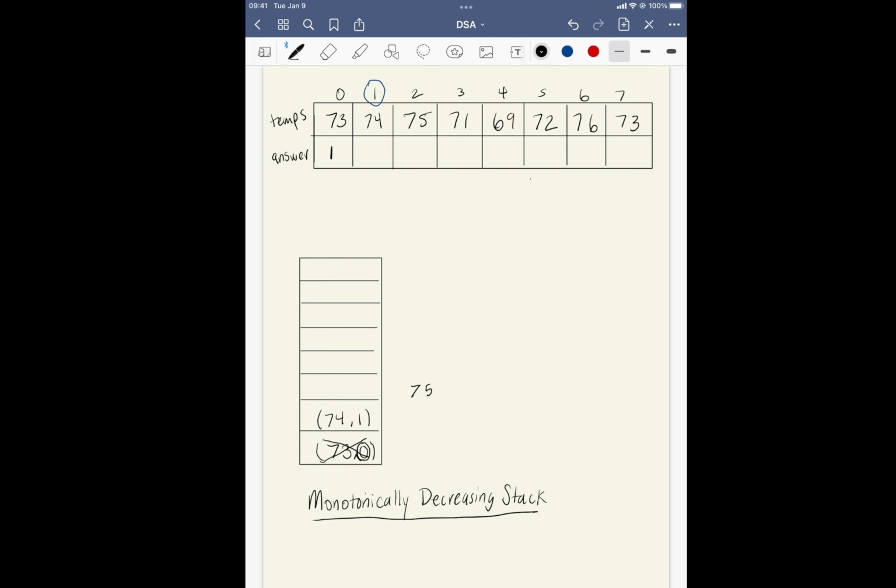So we can do I minus top I. So we can do 2 minus 1, and that gives us 1. So we found the higher temperature day. Now we can pop this off of our stack, and we can put our 75 on the stack. So 75 is on index 2.